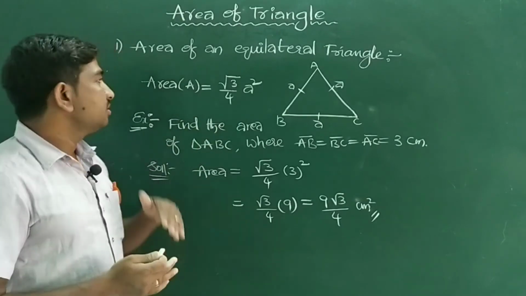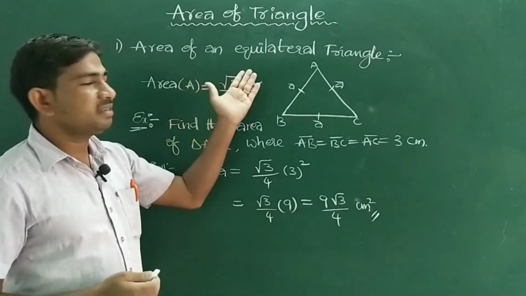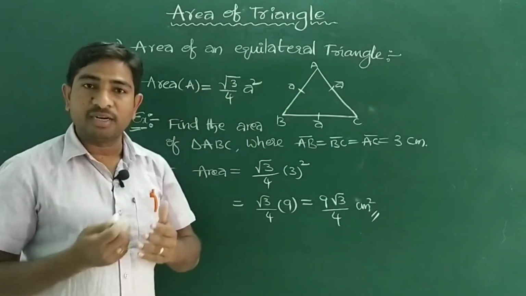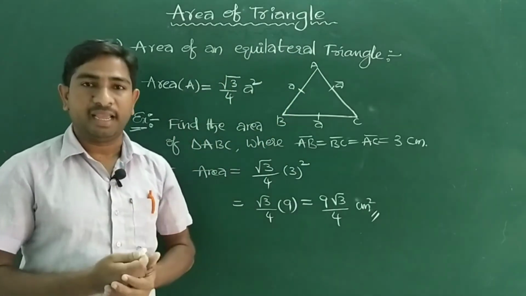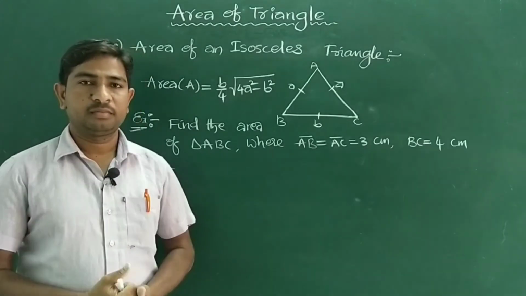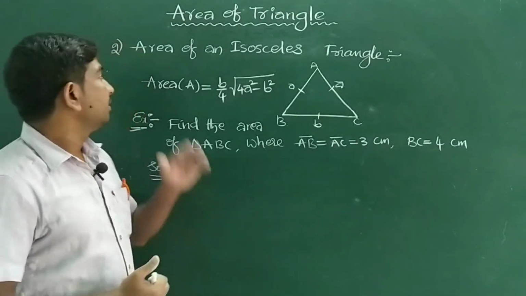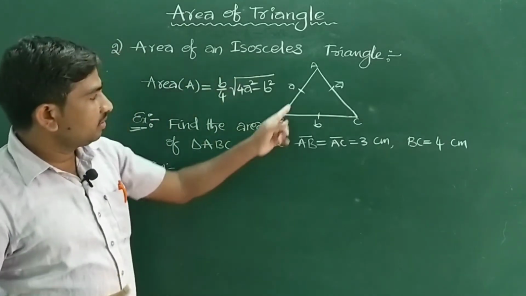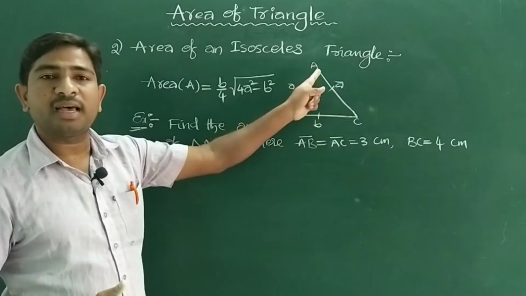Now see the second one, the area of an isosceles triangle. After the equilateral triangle, the next one is the isosceles triangle. First draw the isosceles triangle.